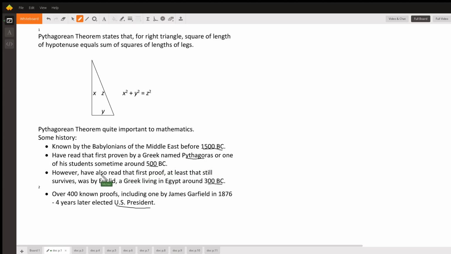However, I've also read that the first proof, or at least the one that still survives, was by Euclid, a Greek living in Egypt around 300 BC. Euclid was a brilliant mathematician and is often considered the father of geometry. His most important book, Elements, was enormously influential and was used as a textbook for 2,000 years.